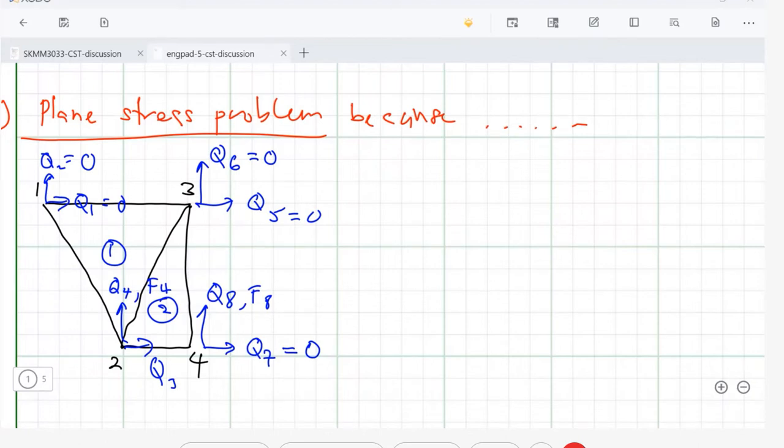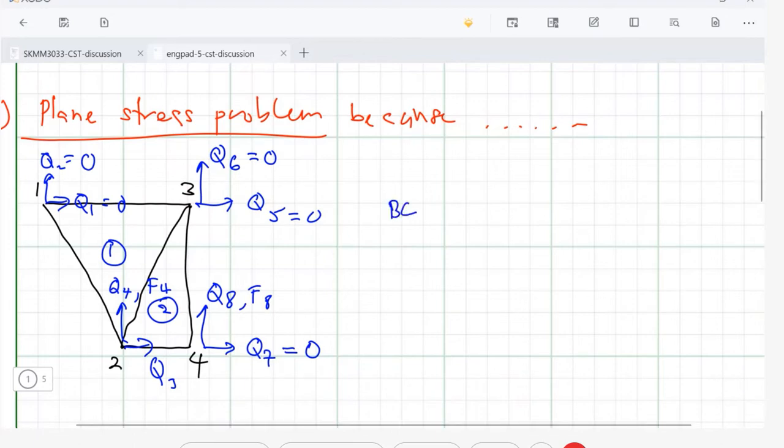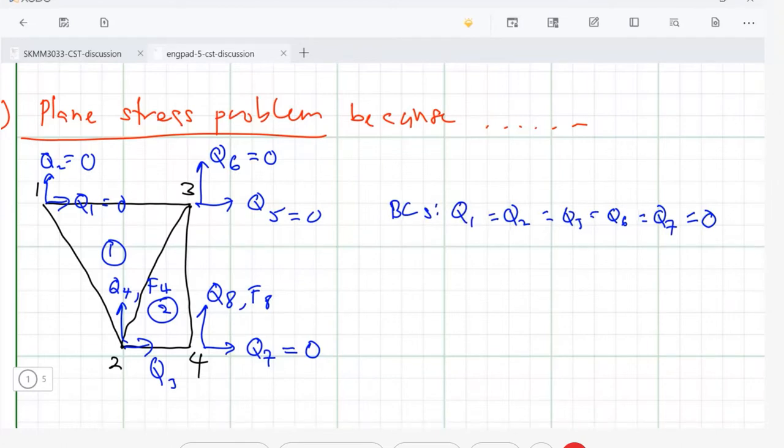So we know that now. Our boundary conditions are Q1 equal to Q2 equal to Q5 equal to Q6 equal to Q7 equal to 0. And note that we have how many nodes here? 1, 2, 3, 4 nodes. 4 nodes means we have 8 degrees of freedom.